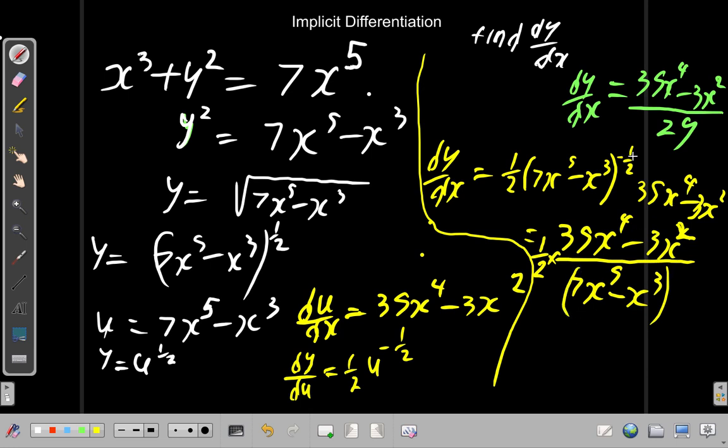Because remember, when you raise to the negative power, it's like 1 over to the positive power, is to the half. But when you raise to the half, you're really finding the square root.